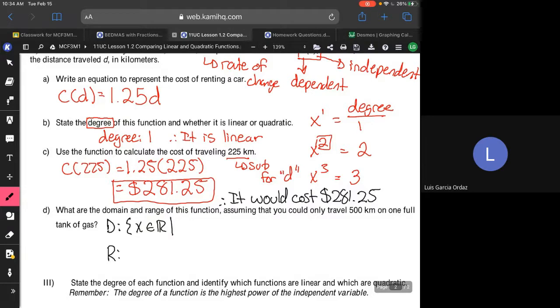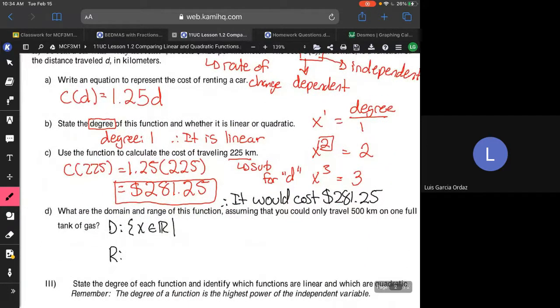It doesn't give me a minimum amount I have to travel, but what would the minimum amount be that you need to travel, realistically? Jade? That's the max. Max is 500. 0. So 0 is my minimum, 500 is my maximum, and D is my independent variable. So D has to be bigger than or equal to 0, but less than or equal to 500 kilometers, because that is the maximum I can travel on one tank of gas.